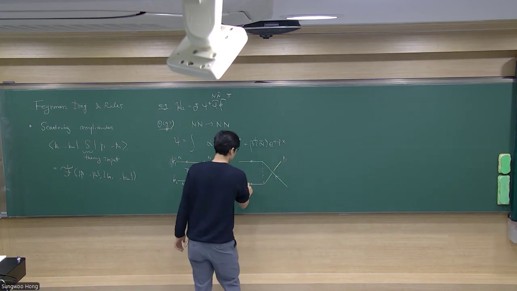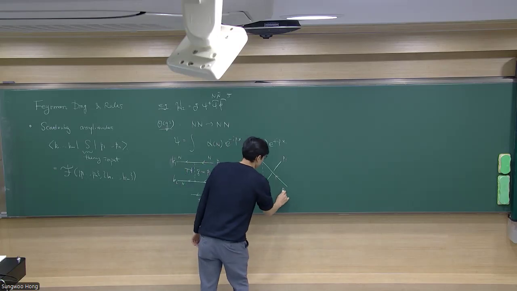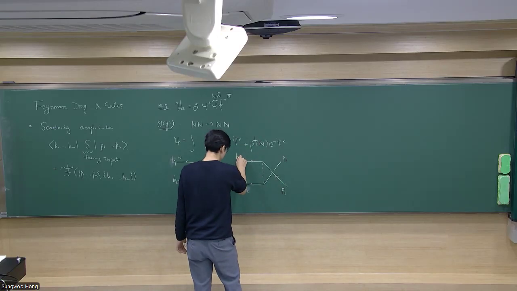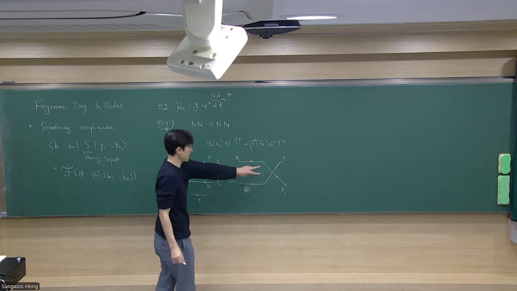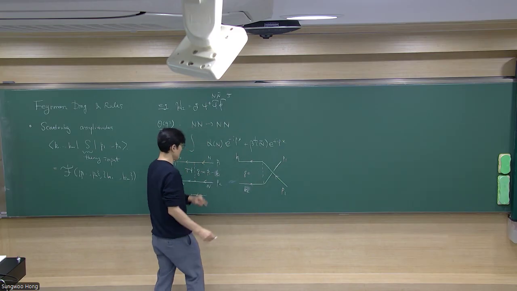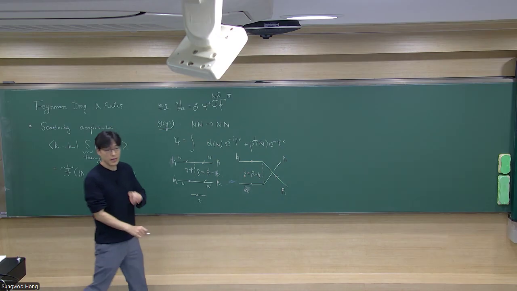Now P1 is matched to K2, and P2 is matched to K1. Basically I exchange P1 and P2, so here it becomes P2 minus K.